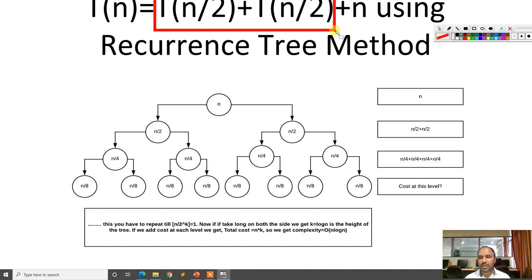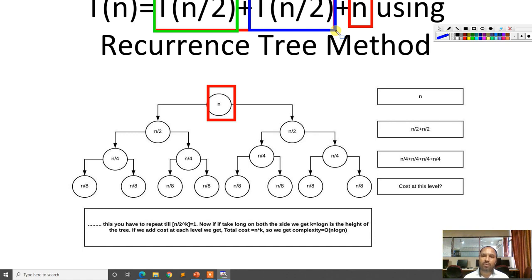As per the steps that I explained earlier, we have to consider this second term as the root node. And every time, here we are having two terms. The first term is your left subtree, which I have highlighted in green color, and the second term is your right subtree, which I have highlighted in blue color.